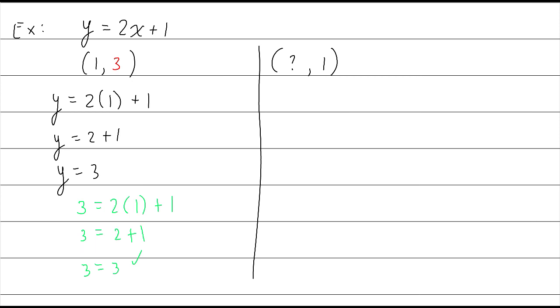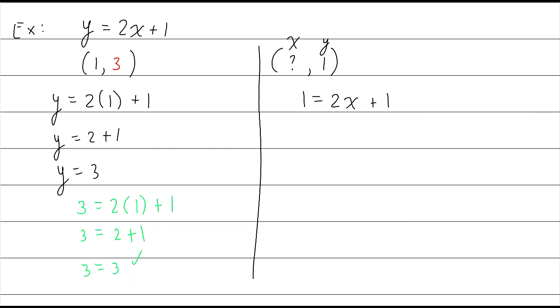We don't know x. Y is 1. So back to that equation. Y equals 2x plus 1. Y is 1, so 1 equals 2 times x plus 1. I'm going to leave it as an x because I don't know what it is, so I can't change it out. Now again, using algebra, I can solve that equation.